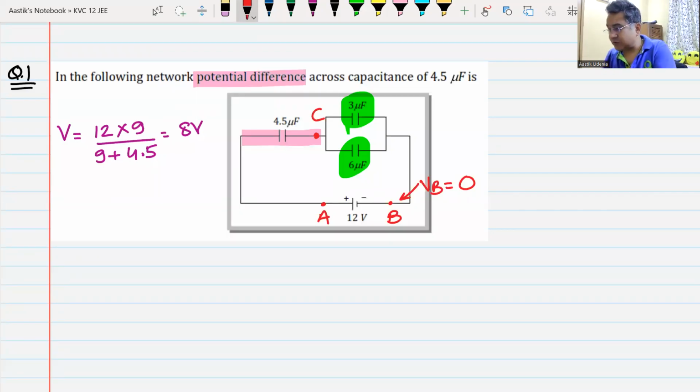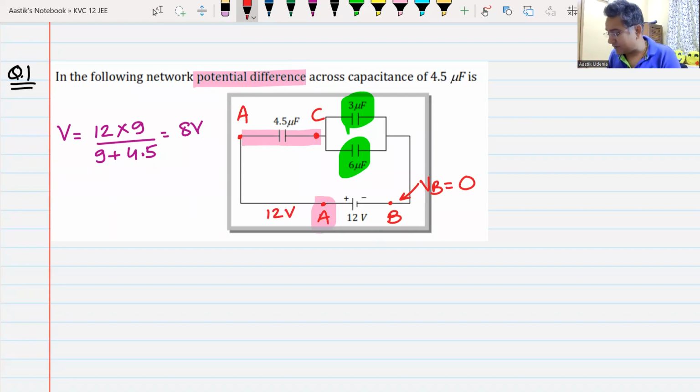So how are we supposed to find the potential of this point? Now, if the potential of point B is 0, the potential of point A, which is here, becomes 12 volt. This point is also A, so this becomes 12 volt.